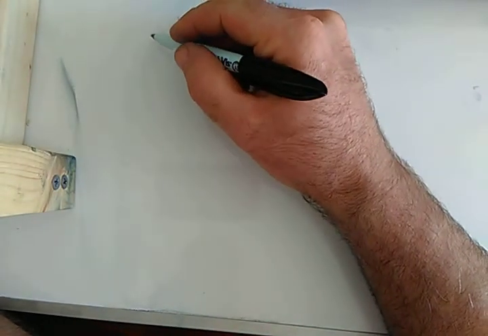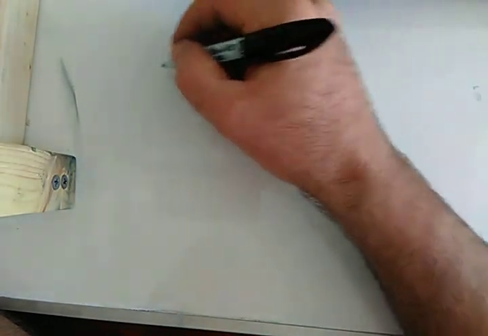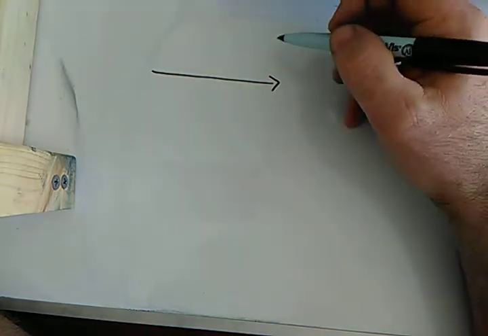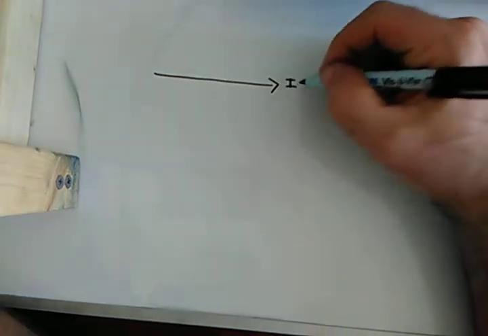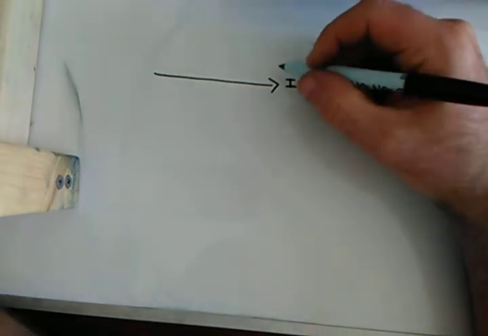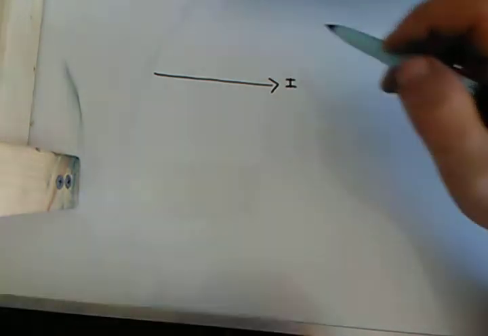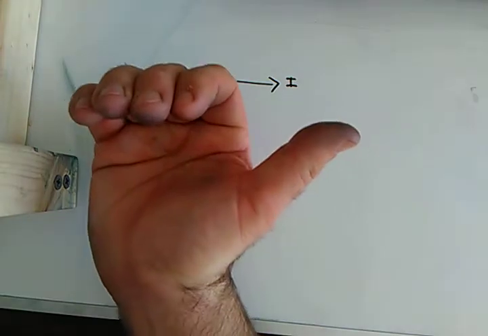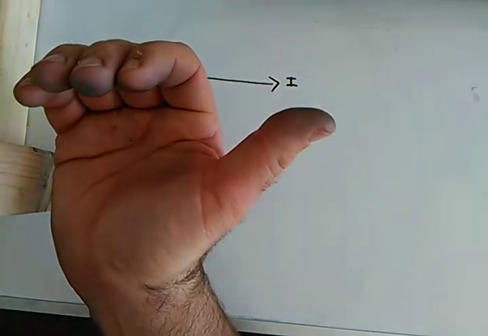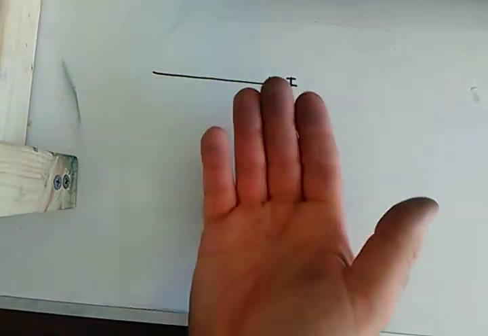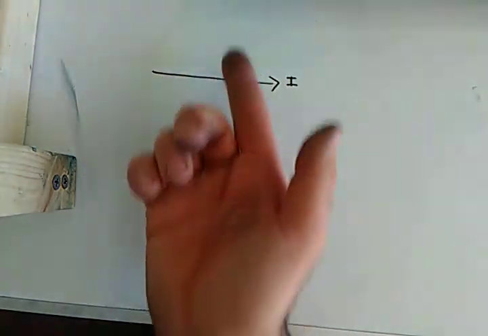So if we have a wire, let's say this is our wire, and the current is flowing this way. We learned that we could take our right hand and use it as a tool to figure out the direction of the magnetic field, which actually comes out at a 90-degree angle. So here's the current, here's the magnetic field.